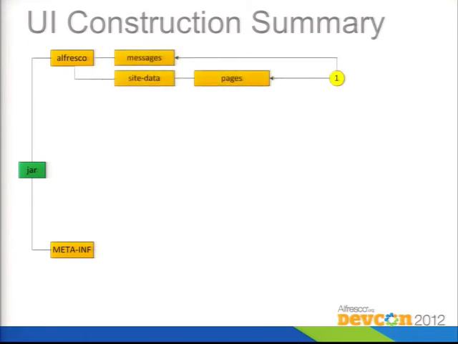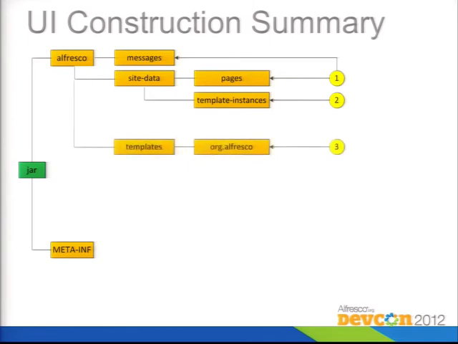I put that under site data pages. And if there are any messages that are bound to that page, then I would make a message file for that as well. The next thing I would do is make a template instance file and put that into the template instances directory. The next thing I would do is to actually make the Freemarker template, and I would put that into the location specified by the template instance.